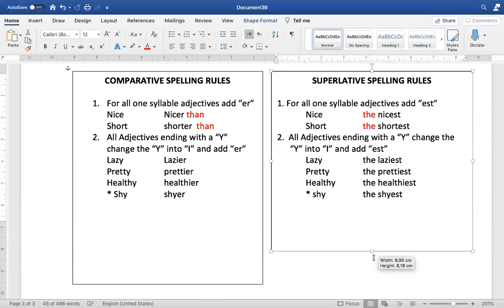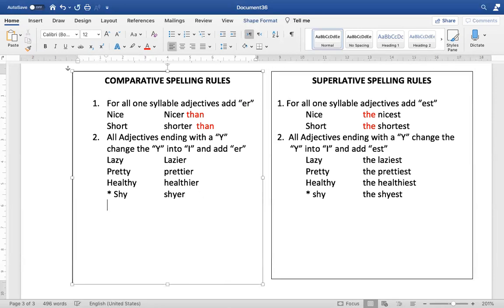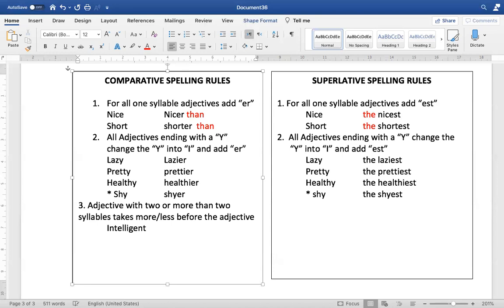Then, friends, we will proceed with some more help. In case you've got adjectives with two or more than two syllables, we take more or less before the adjective. For example, intelligent is a three syllable adjective.